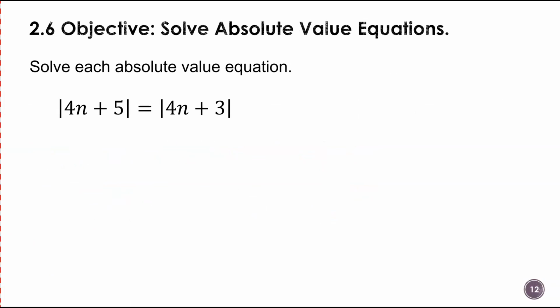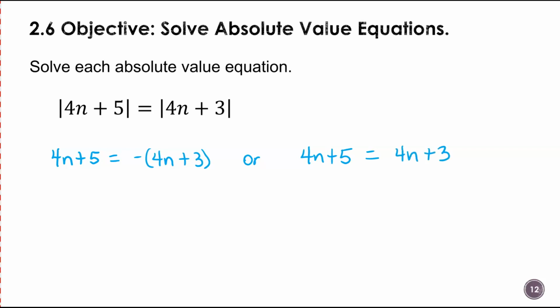It's really not, as long as we just follow the process that you've been learning, right? So we have this, 4n plus 5 equals the negative of the opposite of this, right? Or 4n plus 5 equals the positive of 4n plus 3.